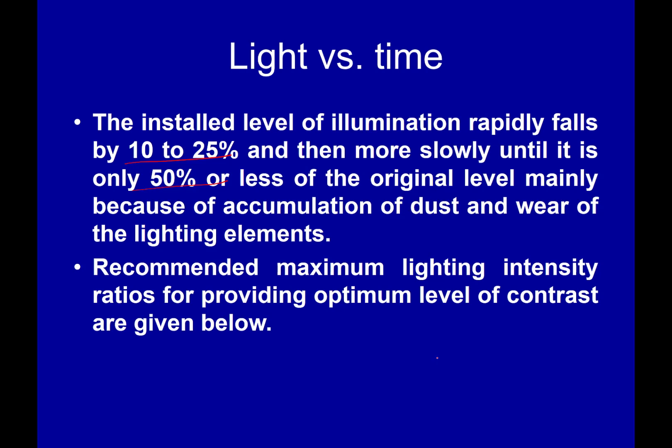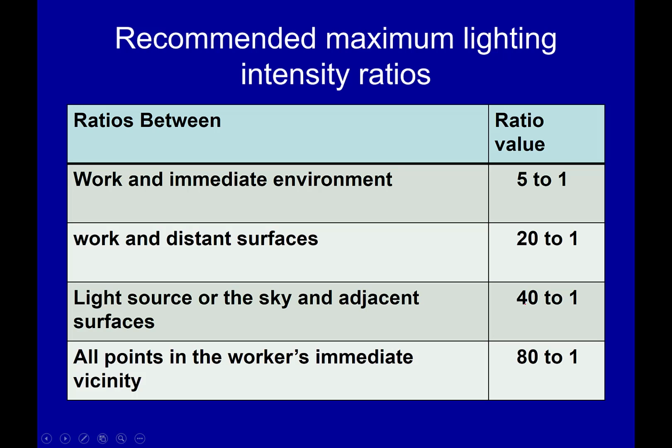This is an object which is to be seen, so what should be the lighting on the surrounding things. So maximum lighting intensity ratios for providing the optimum level of contrast, that is different. Like say the lighting ratio intensity of the work and the immediate environment, that is 5 to 1.